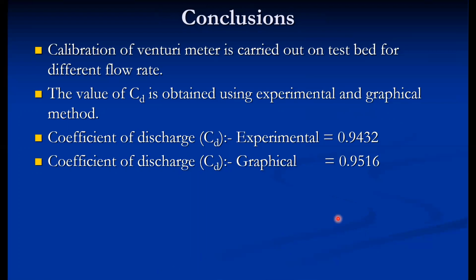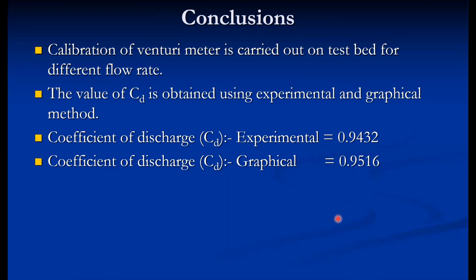This procedure is adopted for every new venturimeter when it is manufactured for a particular flow rate. It is necessary to calibrate it. Once we get the CD value, the venturimeter along with its specification is supplied to the customer.